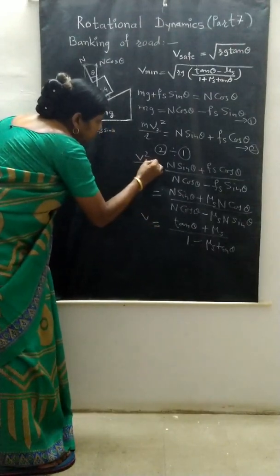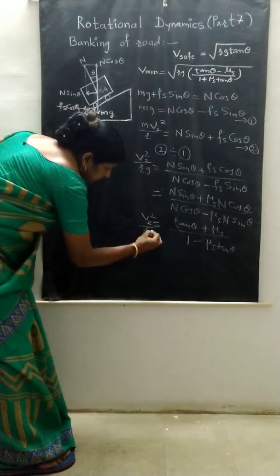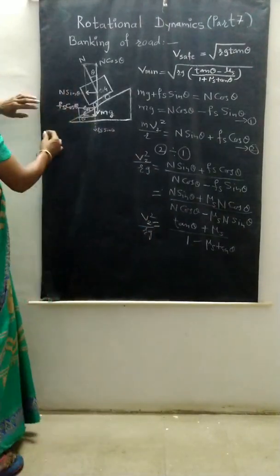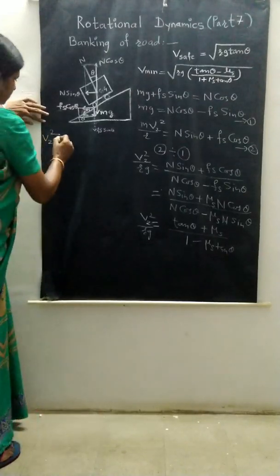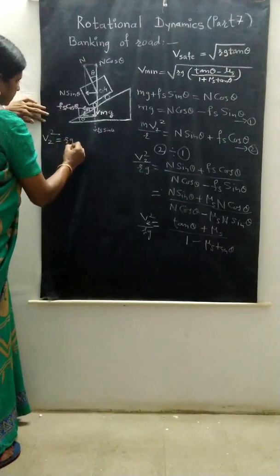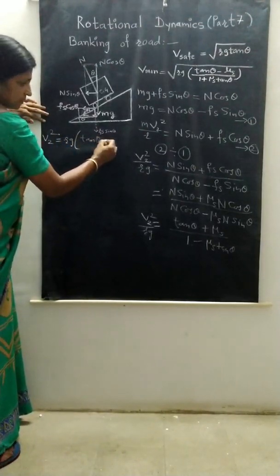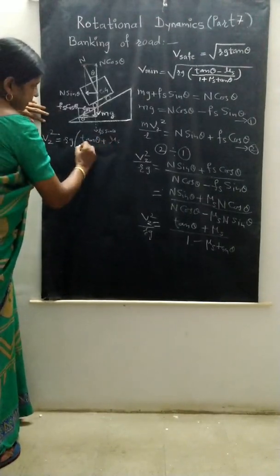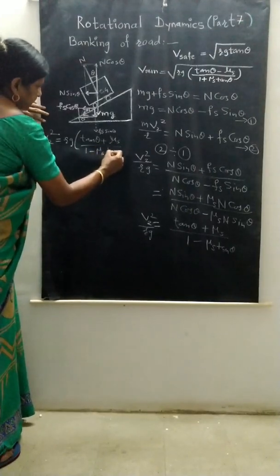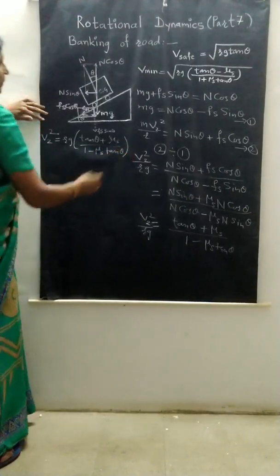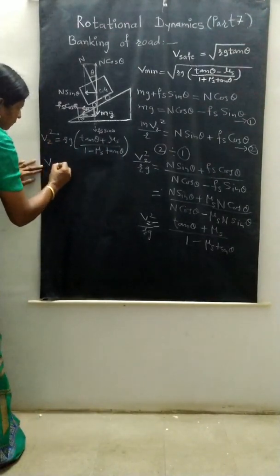Here we shall call it 2. V2 square upon Rg, so V2 square will be equal to Rg in bracket tan theta plus mu s divided by 1 minus mu s tan theta. Now we shall take square root of this to get V2.